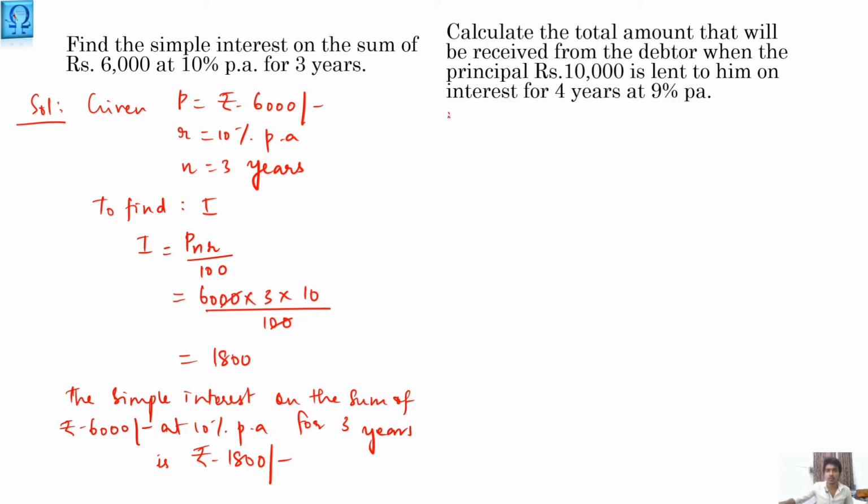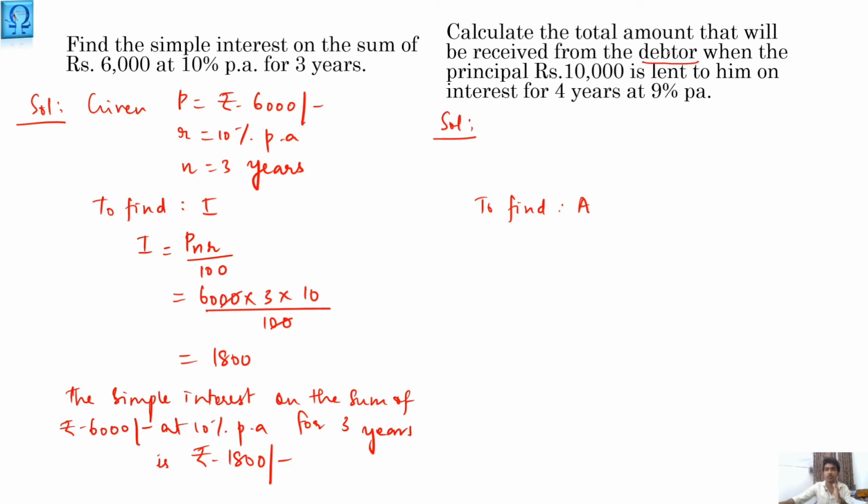Here what is given? We are asked to calculate the total amount, which means here we need to find out the A value, that will be received from a debtor, when the principal rupees 10,000 is lent to him on interest for 4 years at 9% per annum. When we look at it from a layman point of view, or from a person who is into commerce or economics, we have to be very careful with what we mean by debtor and other technical terms.